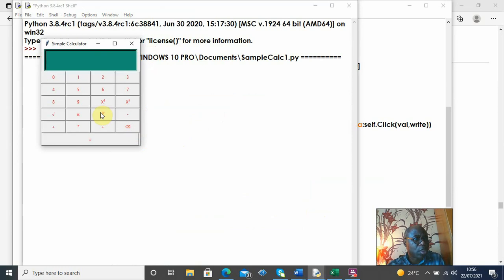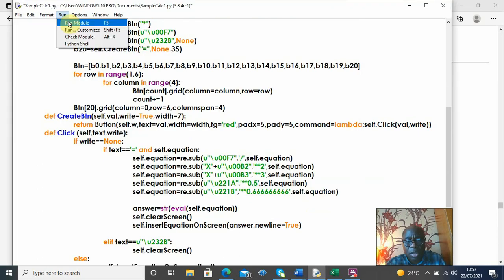The cube root of 27, I think that should be 3. Okay, let's type 2, 7. Oh yeah, it's 9. No, is it? 9 times 9 times 9. That would be wrong. In 10, 3. Oh, sorry. This basically should be 0.33333.